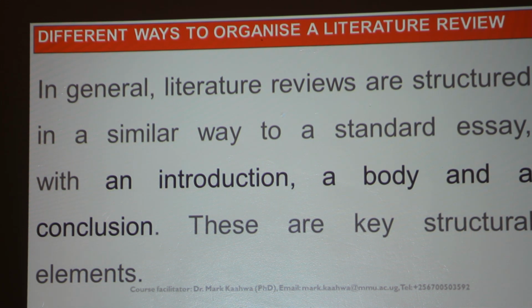We are saying that, in general, literature reviews are structured in a similar way to a standard essay. In an essay, you always begin with an introduction. After the introduction, you have the body. After the body, then you have the conclusion. So in the organization of the literature review, more or less, we should follow that kind of simple structure.